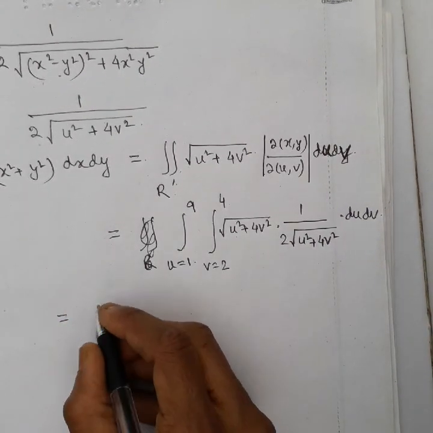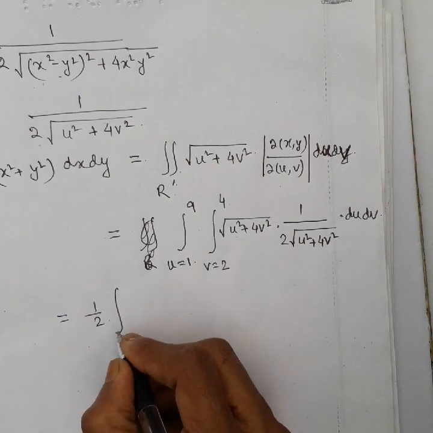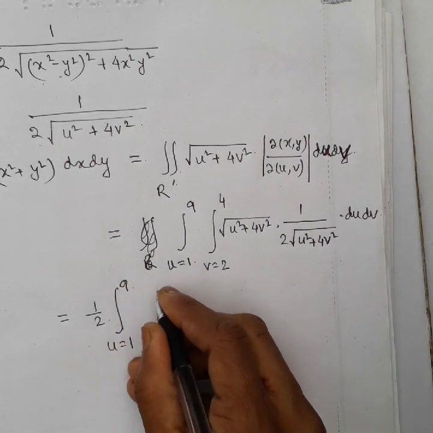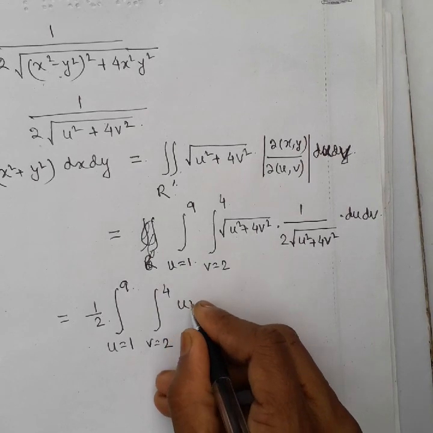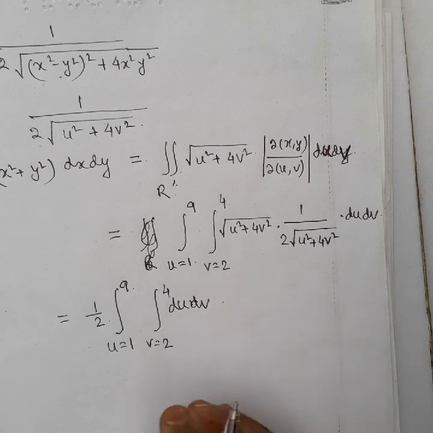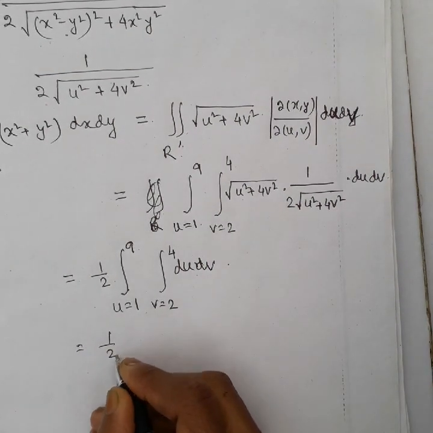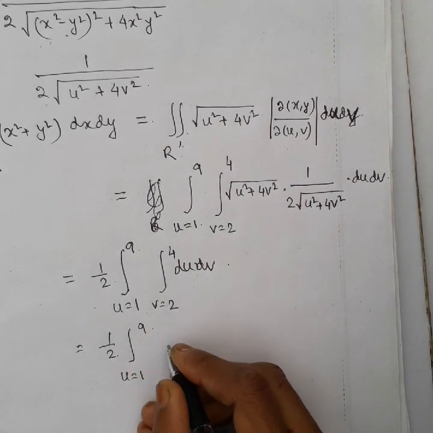that is equal to half of the integration of u is equal to 1 to 9, v is equal to 2 to 4, u du dv. Okay, all are cancelled here. So 1 by 2 integration of u is equal to 1 to 9.